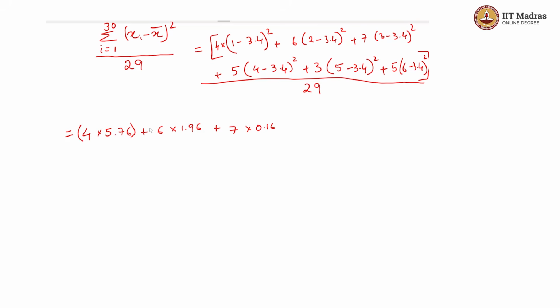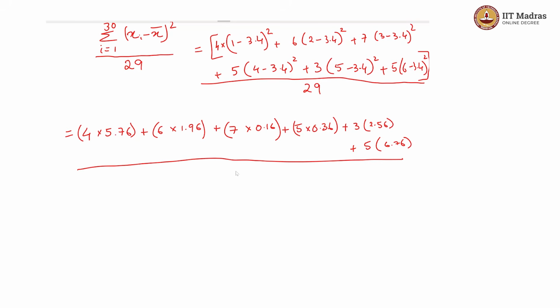I'll put them in brackets in order to avoid confusion. Plus 5 times 0.6 whole square is 0.36, plus 3 times 1.6 whole square is 2.56, plus 5 times 2.6 whole square is 6.76. Again, the whole thing divided by 29.